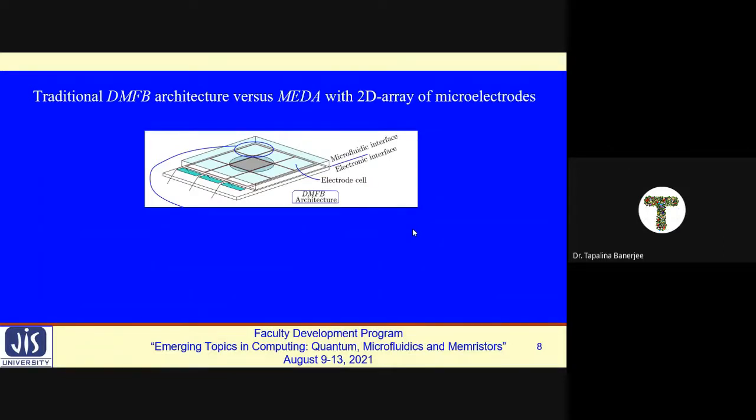Now, here we can see that this is a very simple view of digital microfluidic biochip. This manipulates once again the nanoliter, picoliter volume of droplets. You can notice that this structure is just like a simple 2D array, right? But this 2D array consists of mainly electrodes, using the phenomenon of electrowetting on dielectric.